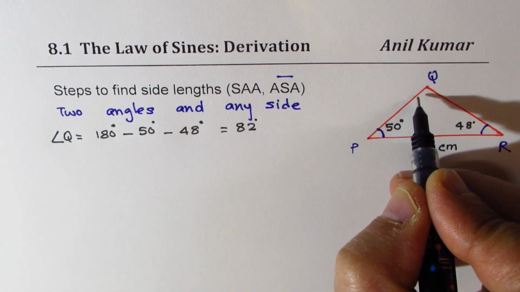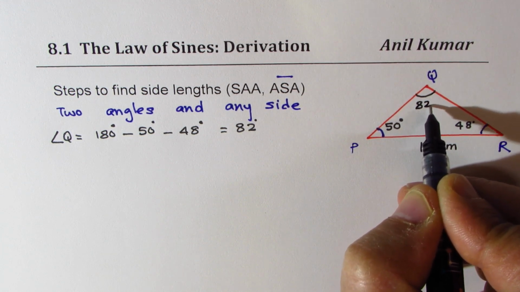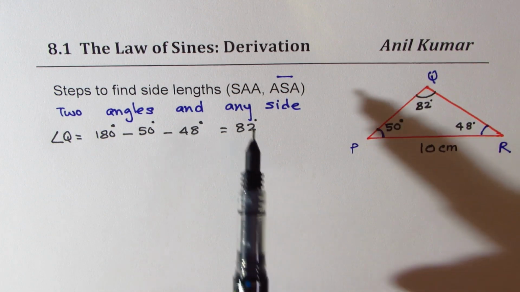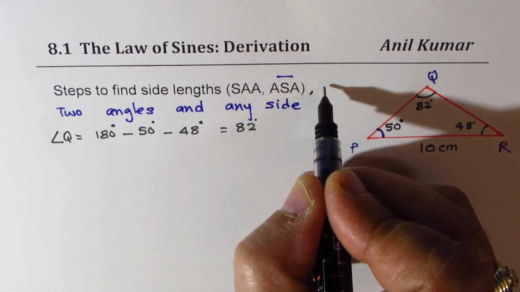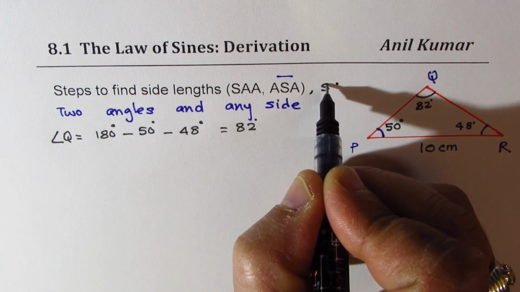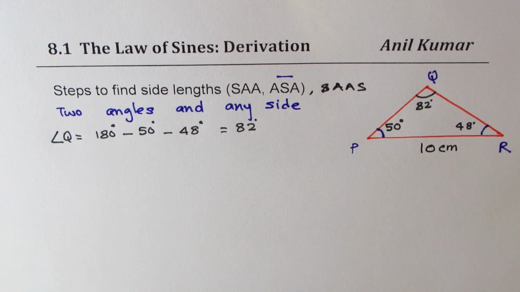So we get the third angle. Whenever two angles are given to you, you can always find the third angle. Not a problem. Therefore, we could write AAS also. It's one and the same thing, right? So any two angles and a side is given, we can solve the triangle.